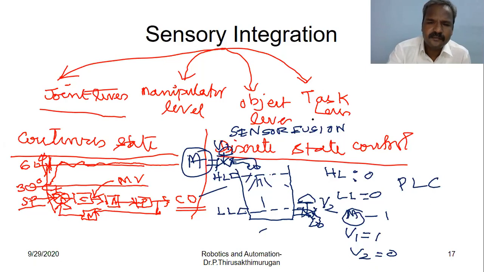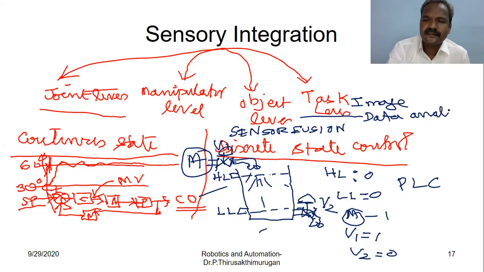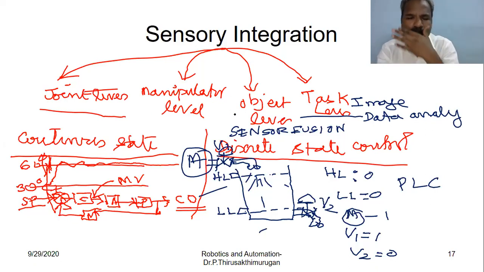This task level is mainly employed in image data analysis. The machine vision system is a typical example of the task level.